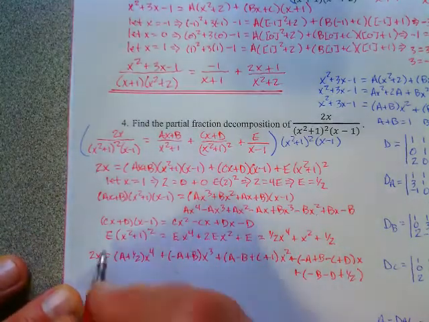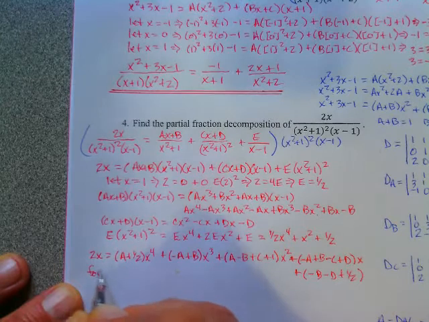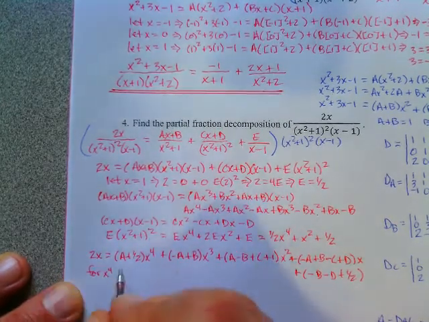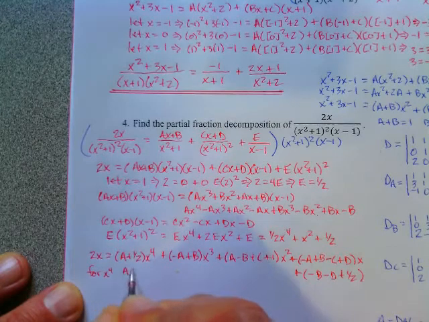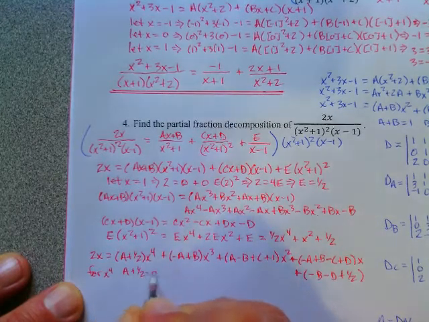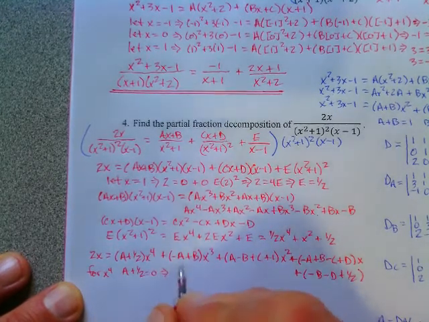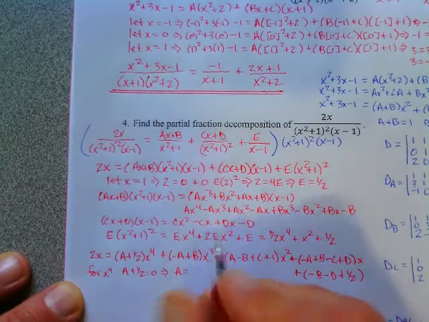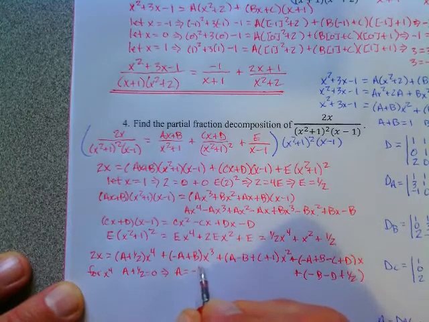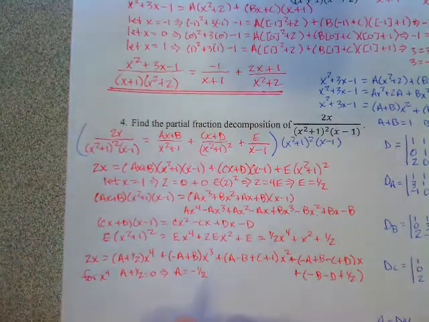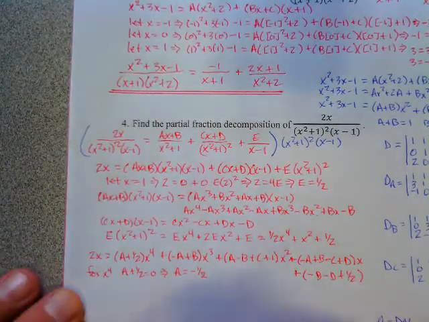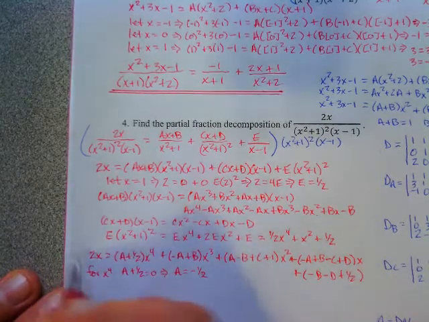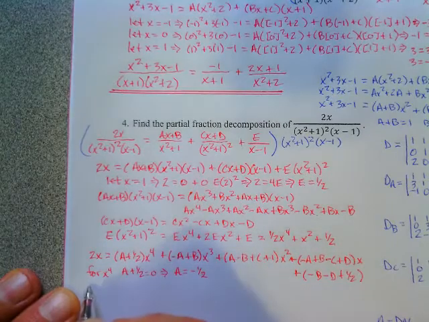So, for the x to the fourth term, since there isn't anything over here, that's 0. So a plus 1/2 has to equal 0, which means that a equals negative 1/2. For the x cubed term, again, there's no x cubed over here, so this part has to equal 0.